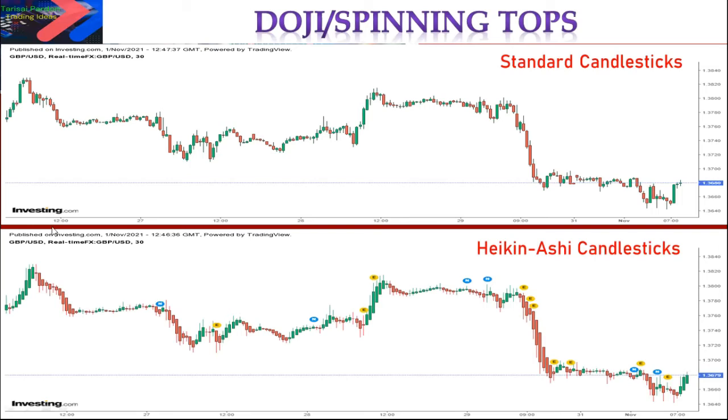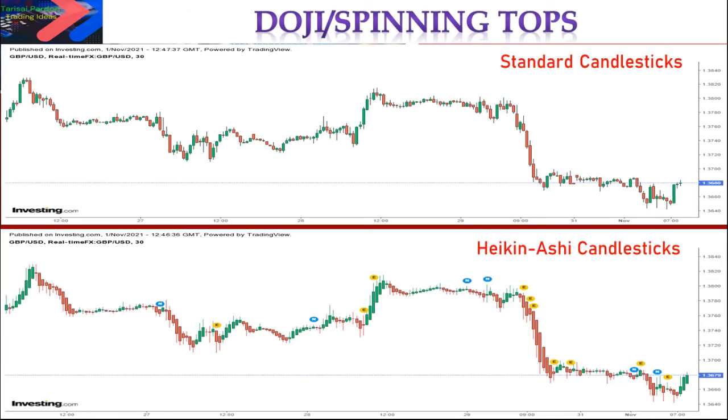But when we look at the Heikin Ashi candlesticks, which is below, we see that after a series of bullish candlesticks, these are these green candles with upper tails or shadows, after a series of them, a doji appeared, which was showing indecision in the market, and we had to wait for a signal to see where the trend was going to lead.